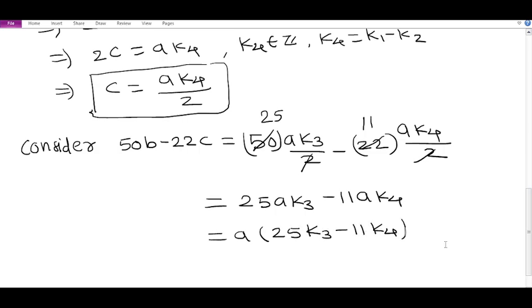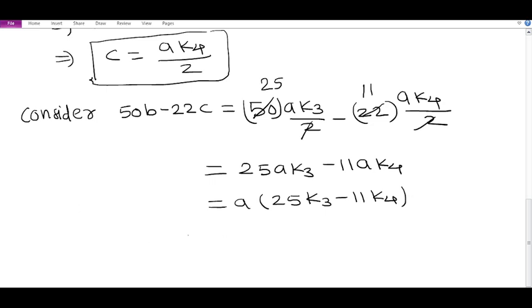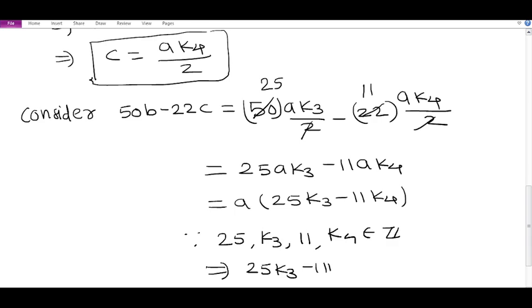Now since k3 is an integer and k4 is an integer, 25 k3 and 11 k4 are integers, this implies 25 k3 minus 11 k4 is also an integer.